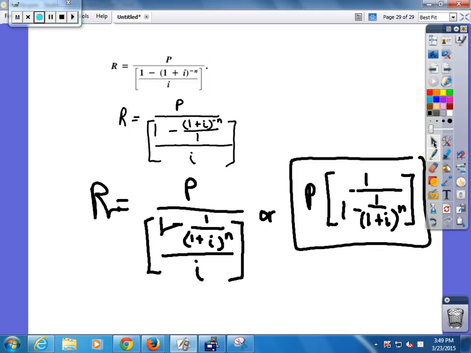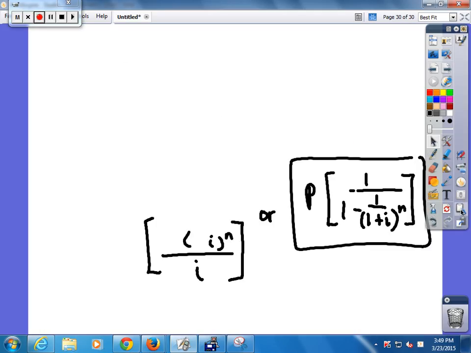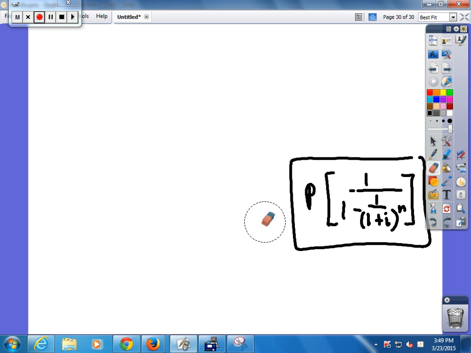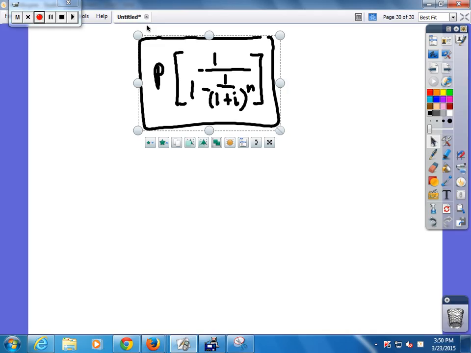All right, so we're going to take this guy, and we're going to copy him, and we're going to move him over to the next page. And I'm just going to take the example that they give us in the book right quick.